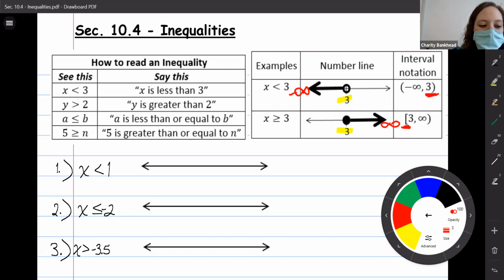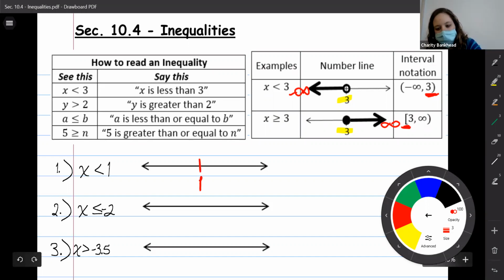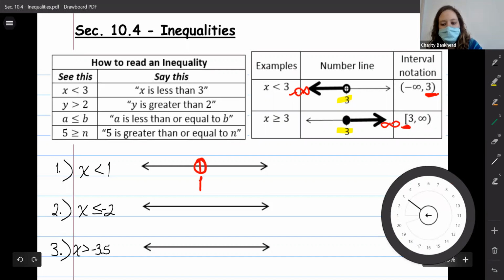Okay, number 1, x is less than 1, so I'm going to mark 1 on my number line. It's strictly less than, not equal to, so I'm going to put an open circle there. And it's less than, so I'm going to shade to the left. It's great if you have a highlighter, you could use that.